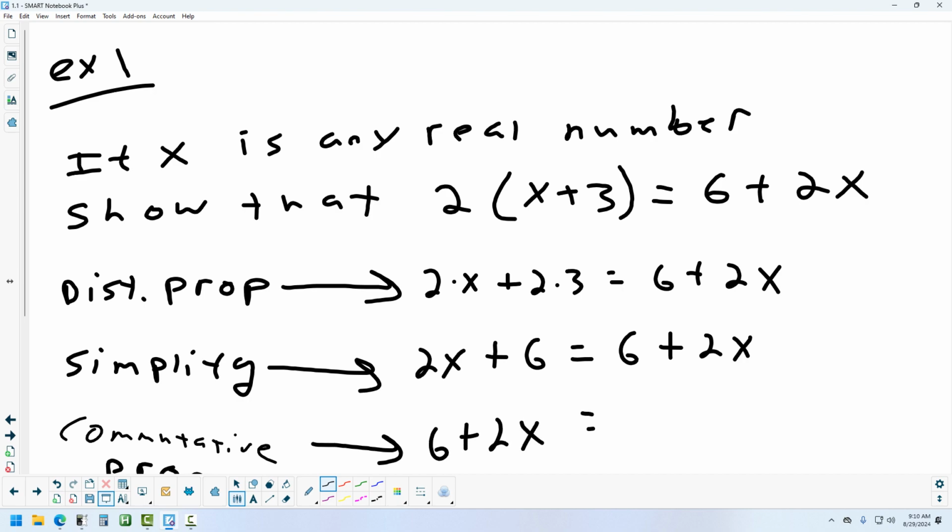So that's the reason why you can change 2x plus 6 to 6 plus 2x. And basically that's a proof. Right? You did a set of steps and you justified each step with a reason. So you basically proved that these two expressions are exactly the same thing.